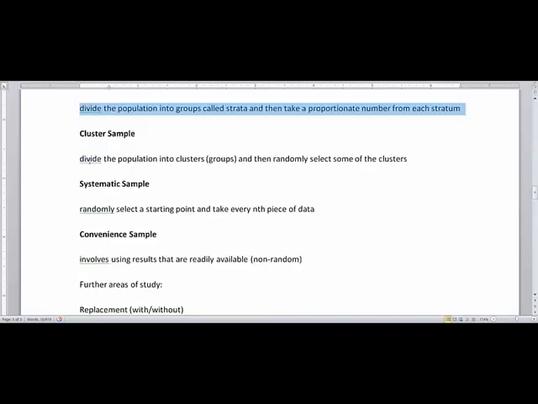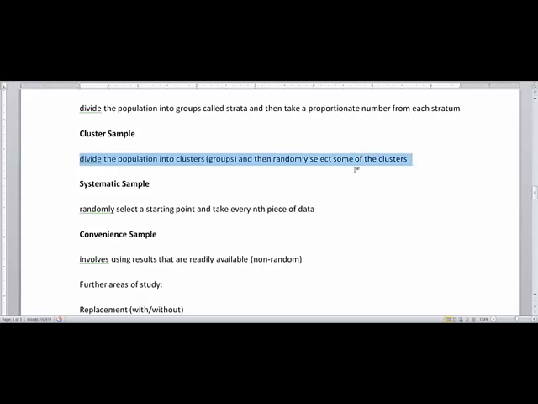Now, there's another way to break things up into clusters. It's when you divide the population into clusters or groups and then randomly select some of the clusters. And again, you're going to make sure that these clusters are representative of the whole, but you're not going to pick everyone in your group.